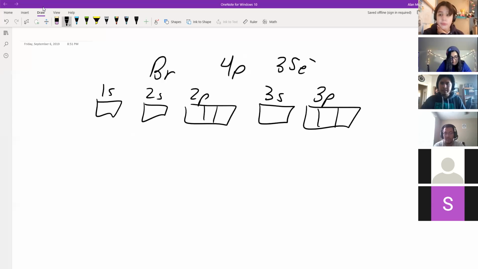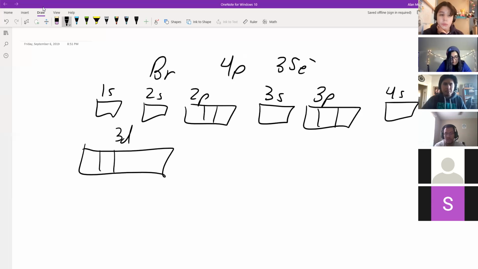So we go from 3p to 4s, and then 3d. Yes, you're right, it's 3d10 because previous shells will be filled up, but we'll just leave them blank for now so we can count our electrons. Then we will go to 4p.